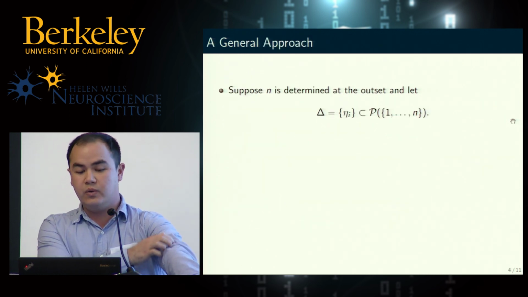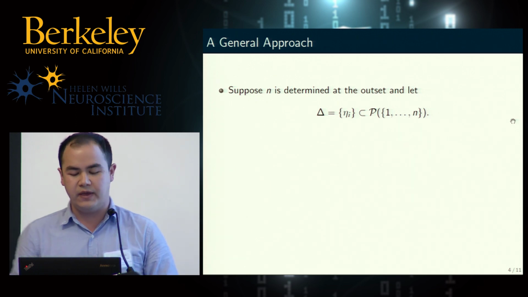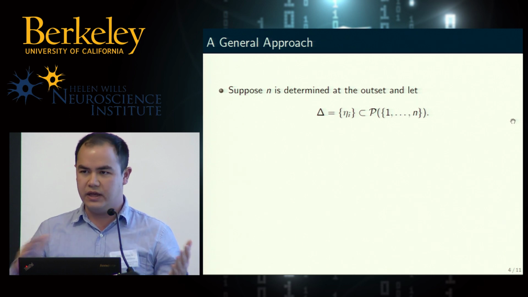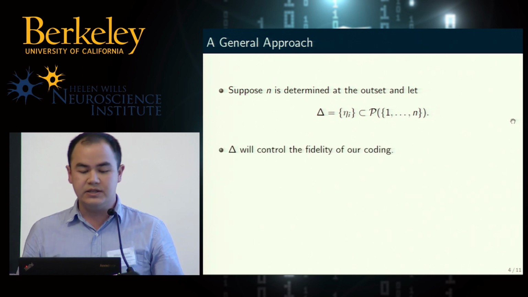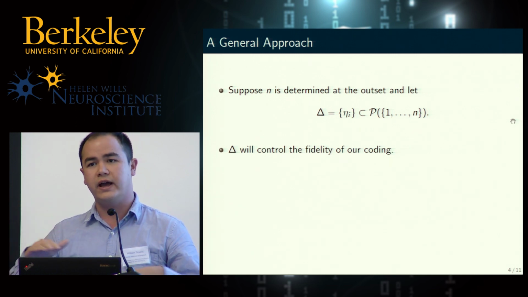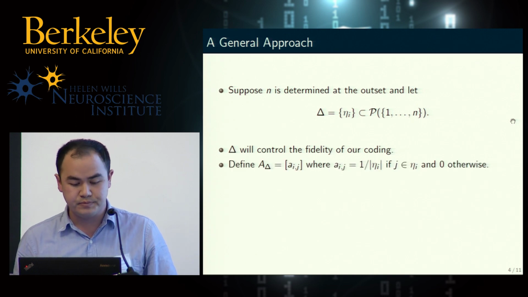Okay, so we do assume that our input space is n-dimensional. That's going to happen at the outset, and then we take delta to be a subset of the power set of the indices 1 through n. Okay, delta is going to be what's going to control our fidelity. So the larger delta is, the more fine-grained we are, and the smaller delta is, the coarser grained we are.